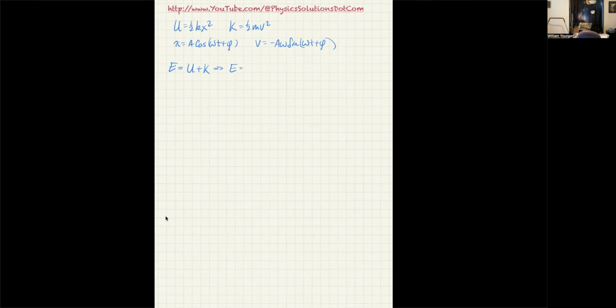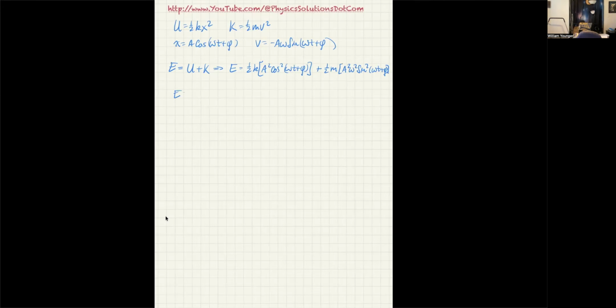The total energy E is equal to 1/2 k A squared cosine squared(omega t plus phi), so that's me having plugged in the x squared, plus the kinetic energy part, 1/2 m. Now I'm going to square the velocity part, and that would give me A squared omega squared sine squared. Notice the negative became positive. Sine squared(omega t plus phi), like that.